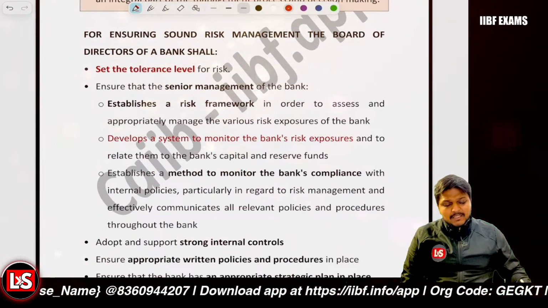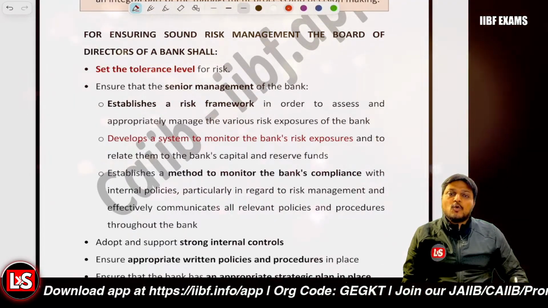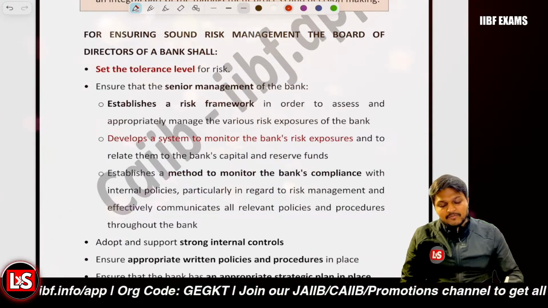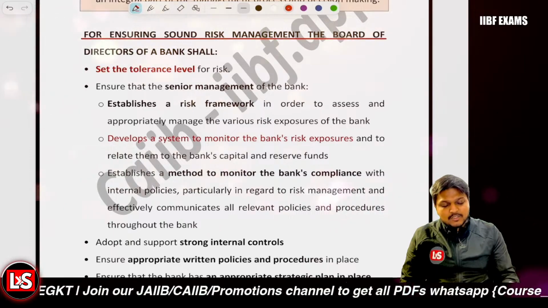Now let's have a look at the responsibilities of board for risk management purposes, or let's say for ensuring sound risk management, the board of directors should be doing what?